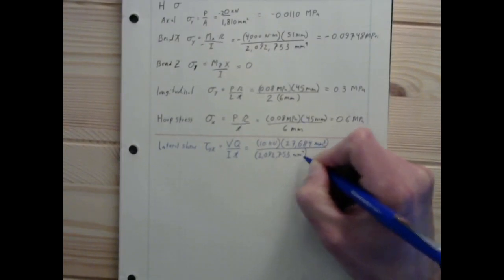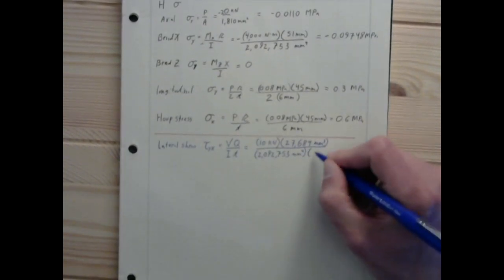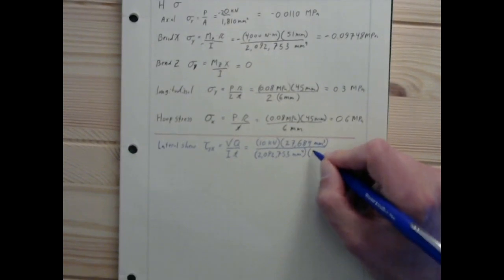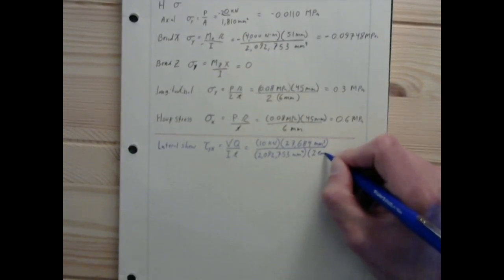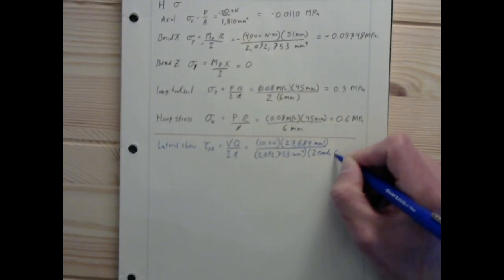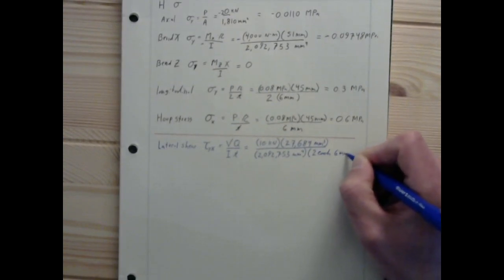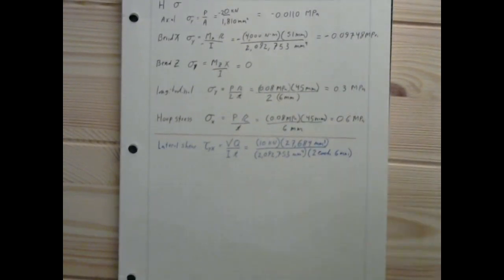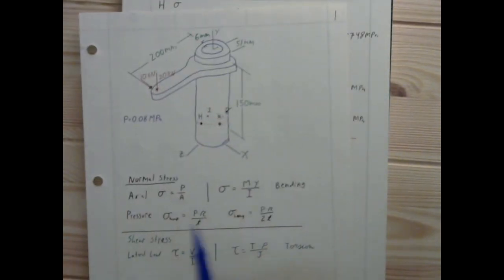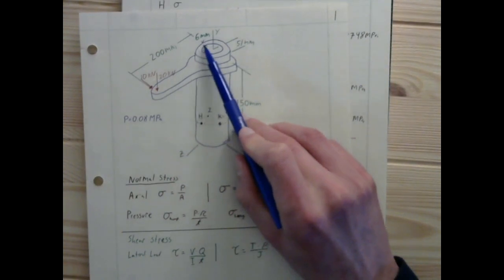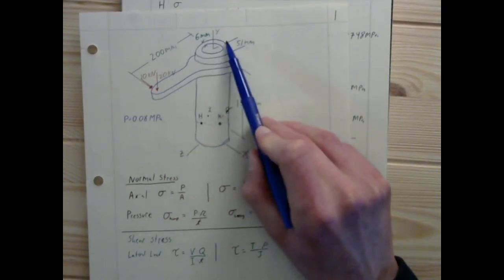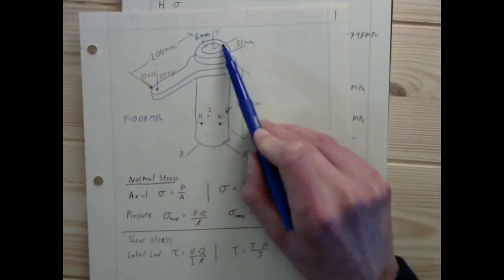millimeters to the fourth. And now this one is going to be, well, let's say it's 2 times 6 millimeters, because it's a circular cross section. So when we're applying this shear and we're looking at this cross section, half it's going to go through here, half it's going to go through here.